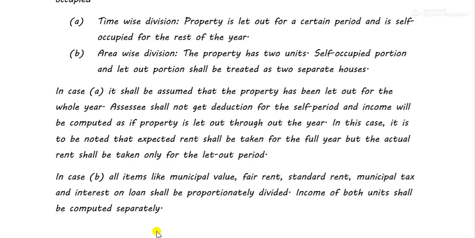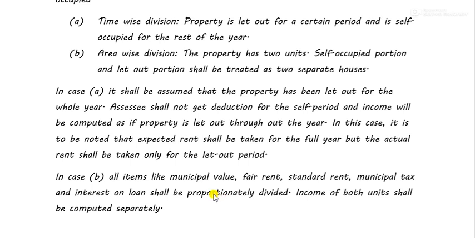All these values will be divided. One part will be apportioned to the self-occupied property and the other part will be apportioned to the let out property. If the self-occupied property is 60%, then 60% of the municipal value will go to the self-occupied unit and 40% of the municipal value will go to the let out unit.